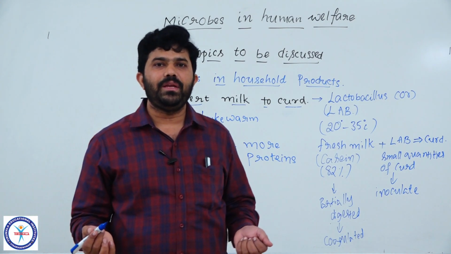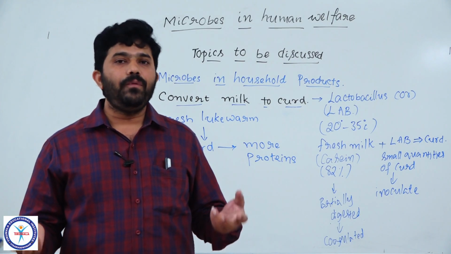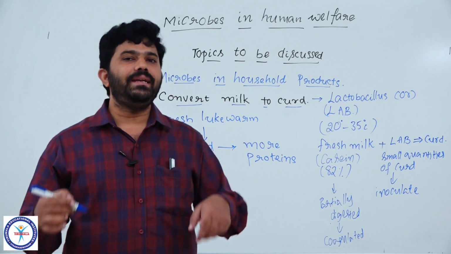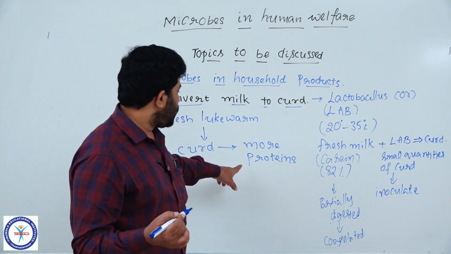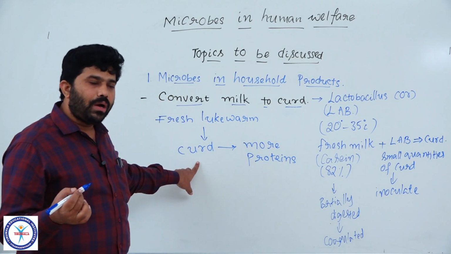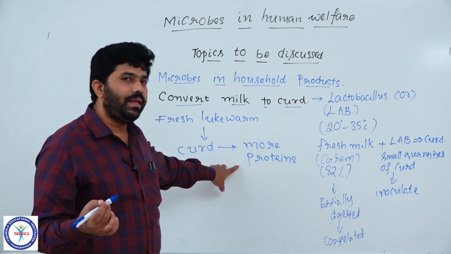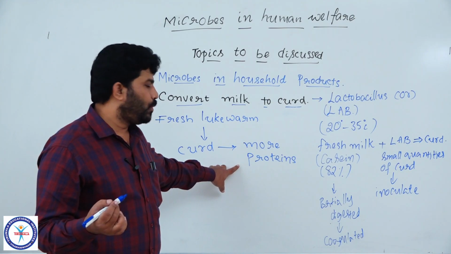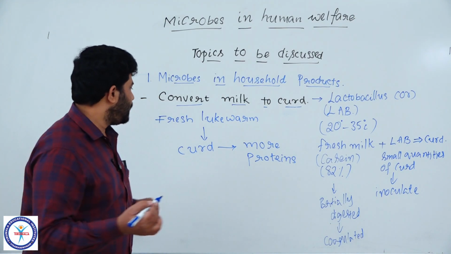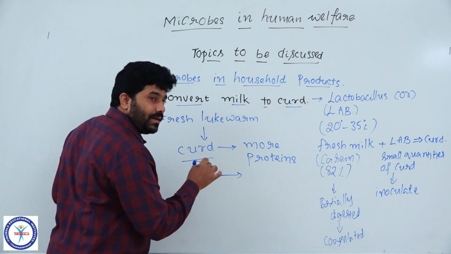Essential amino acids are those we can fulfill only by taking them through diet, through food. So a person who takes curd regularly in sufficient amounts definitely maintains sufficient quantities of proteins.